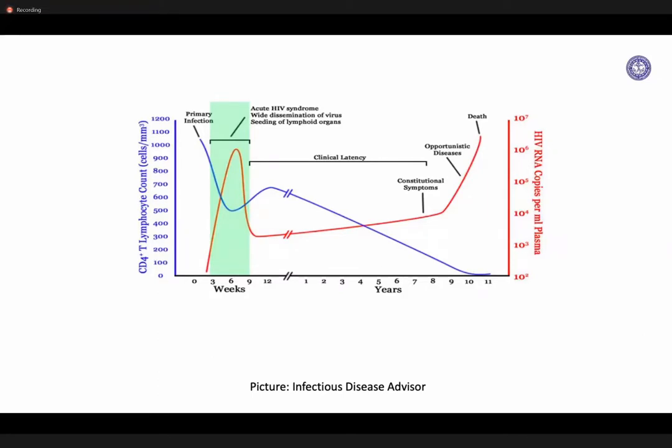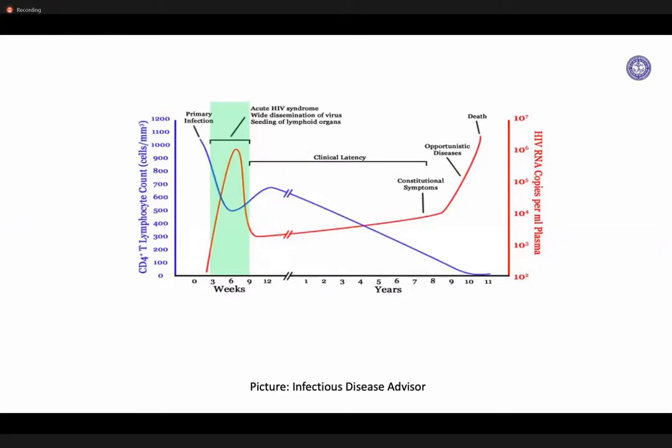You can see that as the incubation period ends and the patient enters the green column, that is the primary infection or seroconversion illness or acute HIV syndrome or whatever you call it. In that period, the viral load becomes very high and therefore the CD4 count drops. But the immune system starts kicking in and starts destroying the virus, and therefore the viral load goes down and the CD4 count rises again, but not to the normal level.